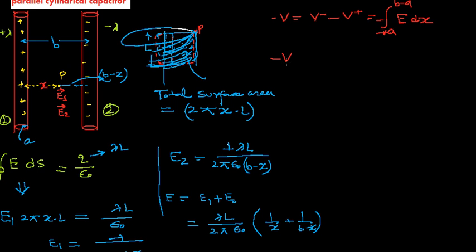Then minus V will be equal to minus the integral from a to b minus a of lambda over 2 pi epsilon naught times 1 by x plus 1 by b minus x dx. This minus and this minus will get cancelled.